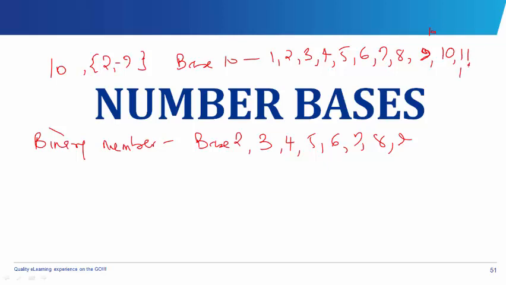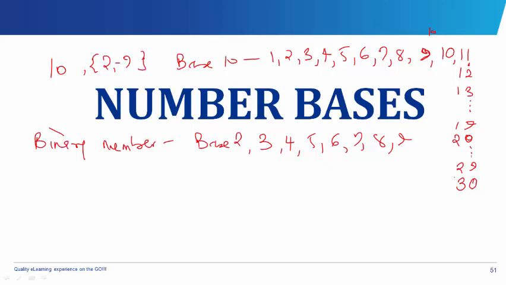Then we have 11, 12, 13 down to 19. Once we get to 9 again, this 9 becomes 0 and this 1 increases to 2. So we count again till we get to 29. On getting to 9, it comes back to 0, and this increases to 3. Okay? So that's the concept of base 10.